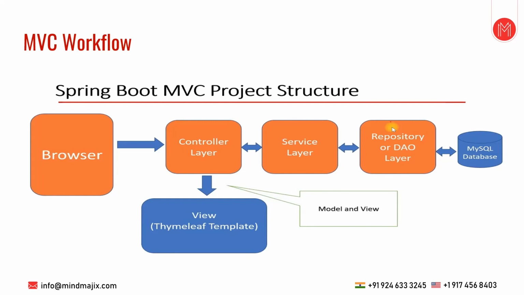Then the request is passed to the service layer after the controller. As I already told you, the service layer is where all the business logic is performed on the data that is mapped to JPA with model classes. After that, this service layer is going to integrate with the repository or DAO layer.